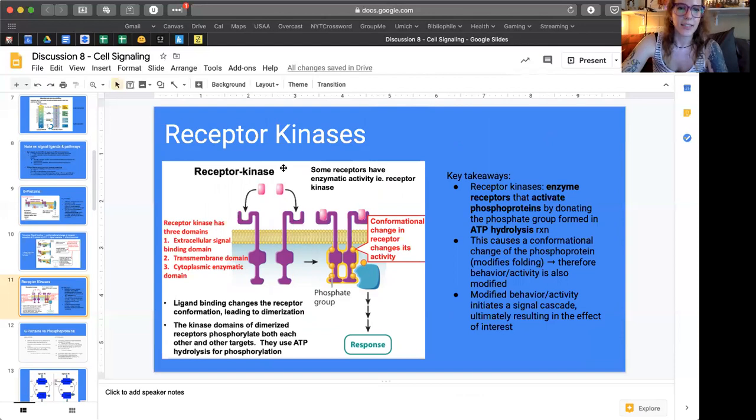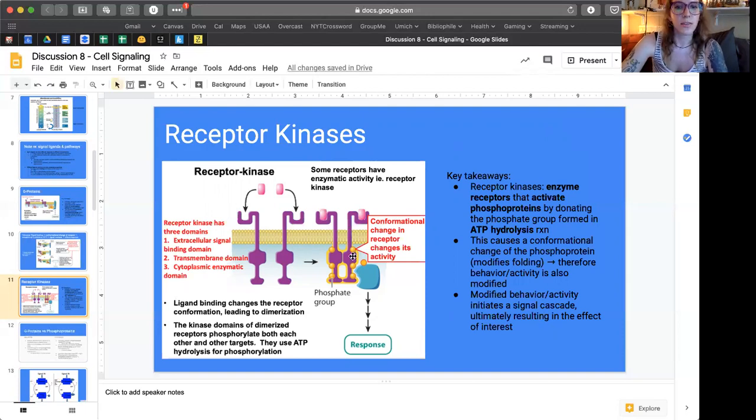And so receptor kinases are going to have these two separated subunits when they're in this unbound, inactivated form. And when they bind the signal molecules, what's going to happen is a phenomenon called dimerization. And that sounds confusing, but essentially that's just going to cause those two units to come together and form a single complex. And so when this complex is formed, this is the part where we get the enzyme activity occurring.